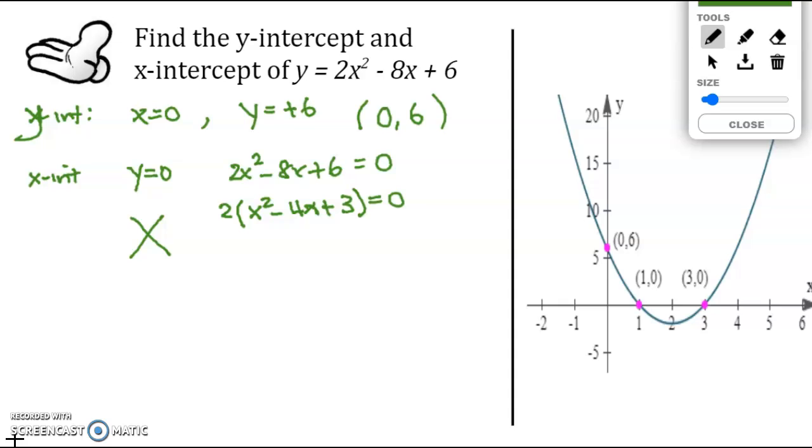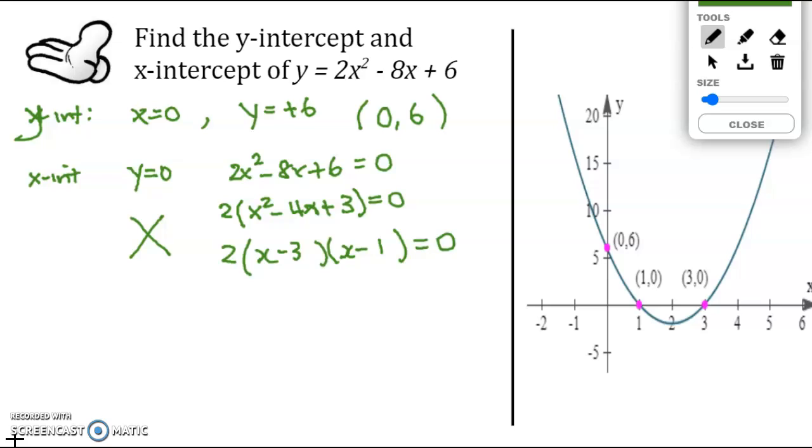Okay, so then you have 2 here, but we have 2 factors. So that's going to be x and x. We were looking for 2 numbers that multiply to 3 but add to -4. That's going to be -3 and -1, because -3 times -1 is +3, but -3 minus 1 is going to be -4.